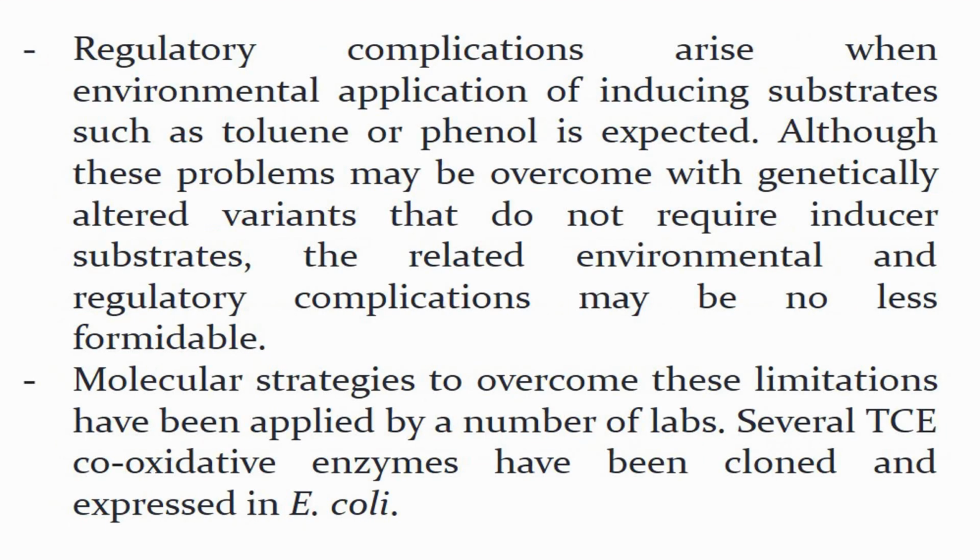Regulatory complications arise when environmental application of inducing substrates such as toluene or even phenol is expected. Although these problems may be overcome with genetically altered variants that don't require inducer substrates, the related environmental and regulatory complications may be no less formidable.